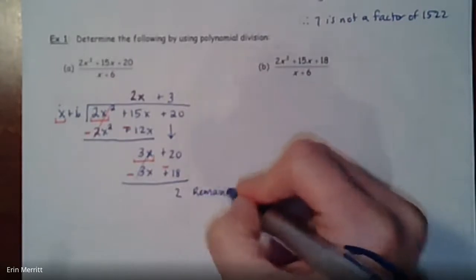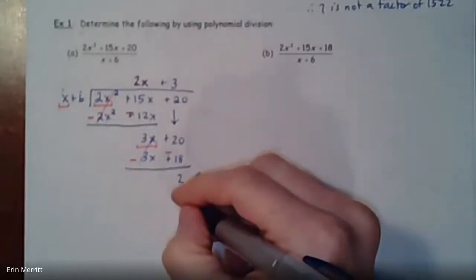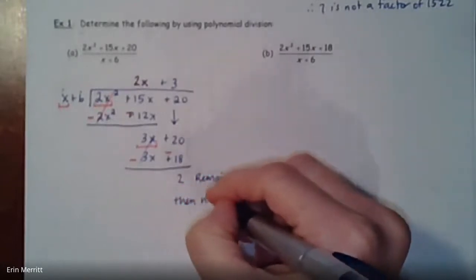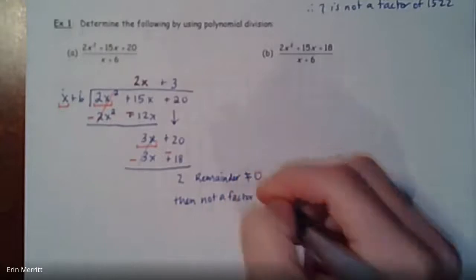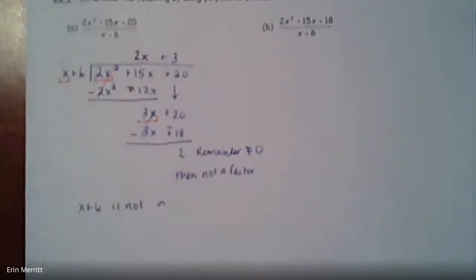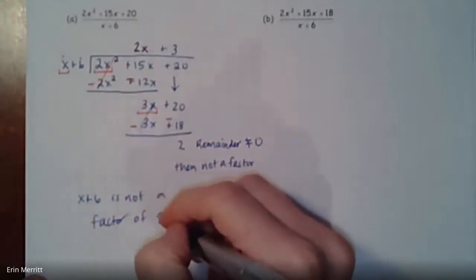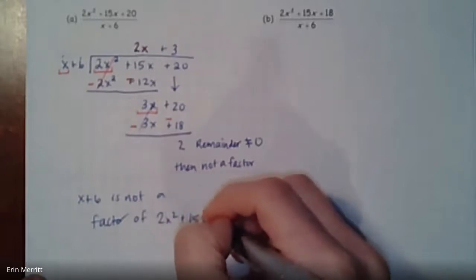What that means for us is if the remainder is not equal to 0, then it's not a factor. So we could say that x plus 6 is not a factor of the 2x squared plus 15x plus 20.